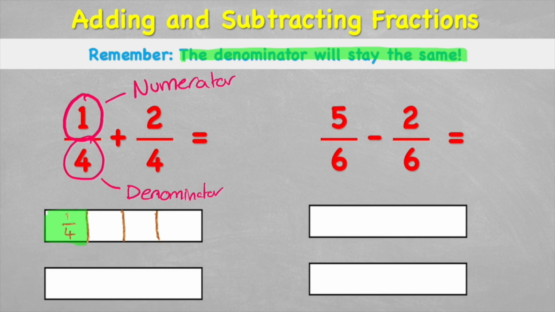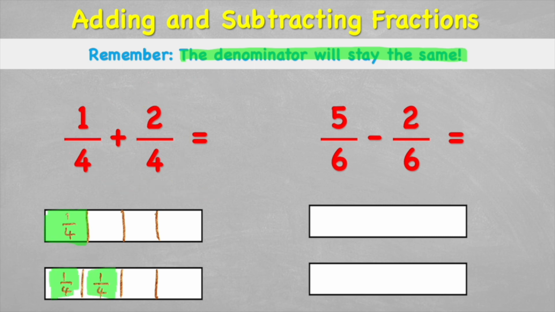Okay, and then we're going to add it to my second fraction here, which is 2/4. So again, I'm going to get my new chocolate bar, cut it into 4s, but this time instead of 1/4, I have 2/4. So when I'm adding them, I can simply just count how many quarters I have.